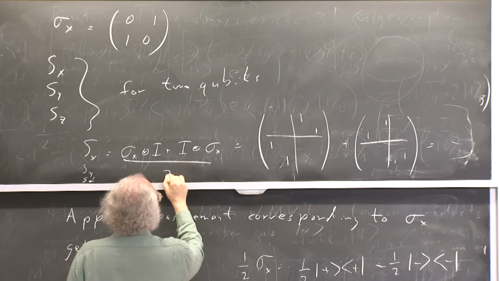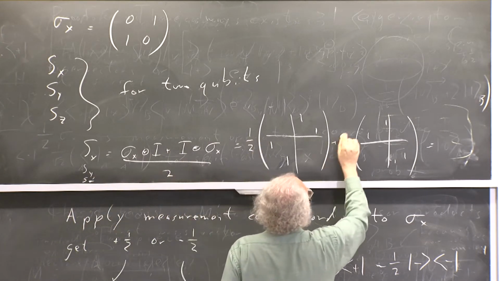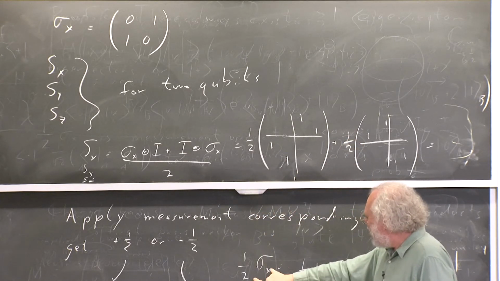And actually, I'm leaving out a factor of 2 because the observable was 1/2.